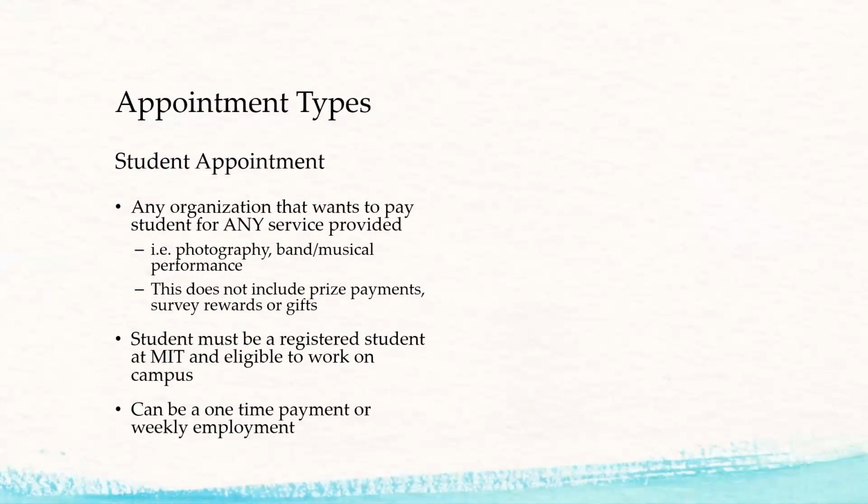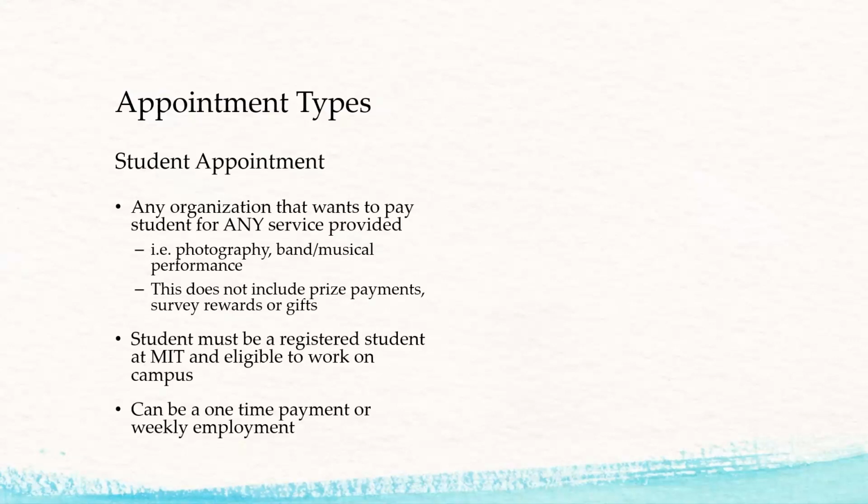The employment types for students will really be anything that a student does for any student organization. So whether they're a photographer, there's a musical performance, or some groups actually are working groups, so they actually pay students to do certain tasks.